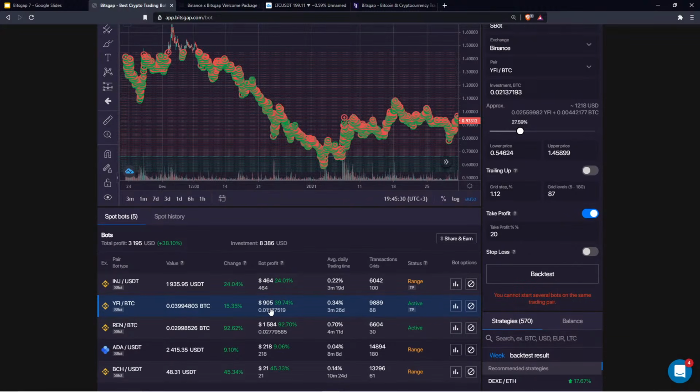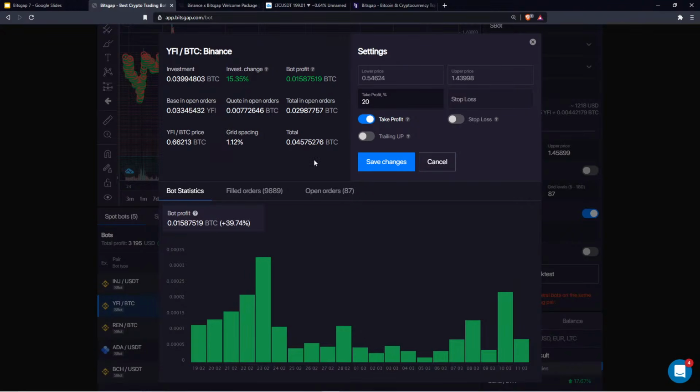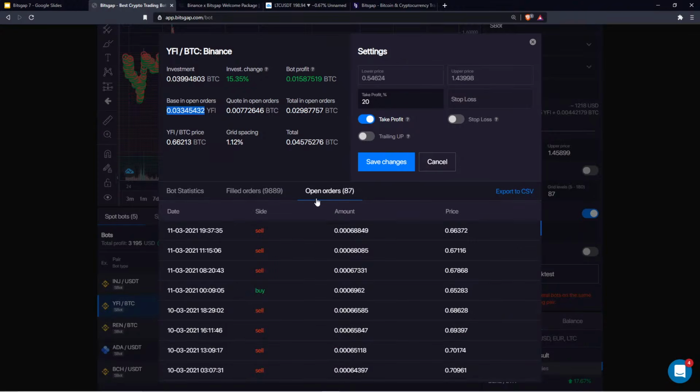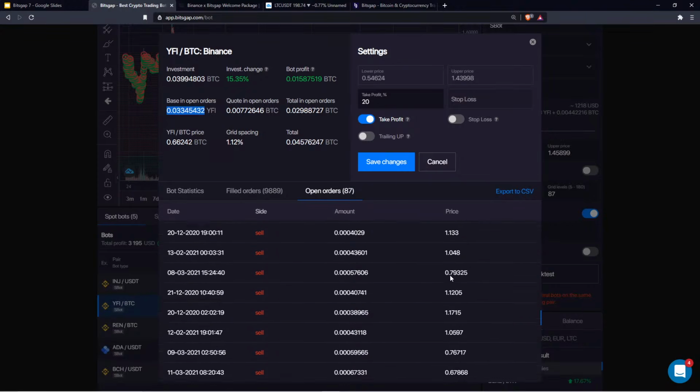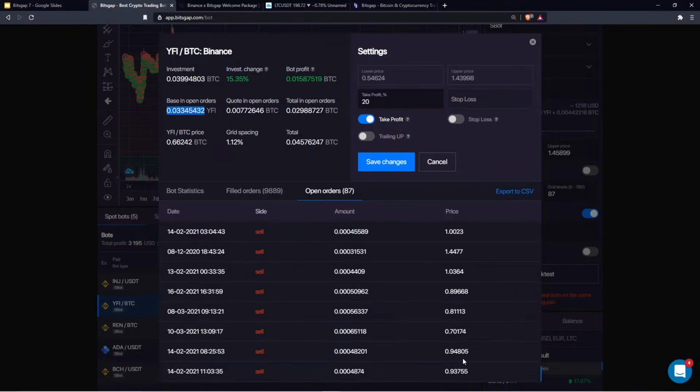Right now, by the way, in order to see your current risk exposure in the strategy, just go to settings, then information, and you see the exact amount of the base currency right now in open orders. All of your open orders are here. You see the sell side, you see the buy side. You can filter the column, you see the lowest price it's going to buy and the highest price it's going to sell.